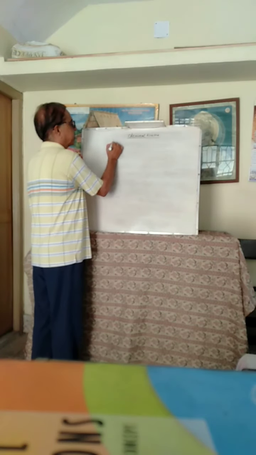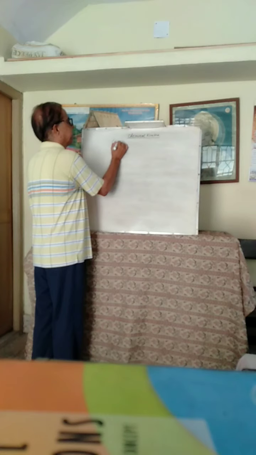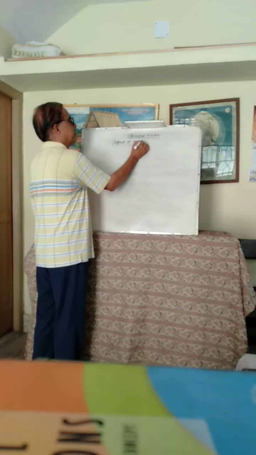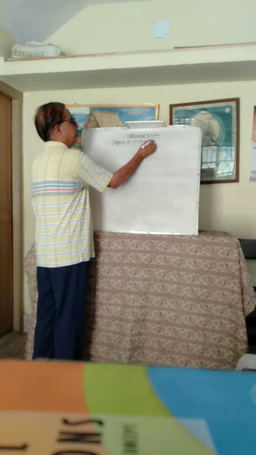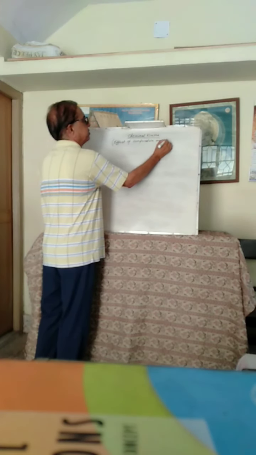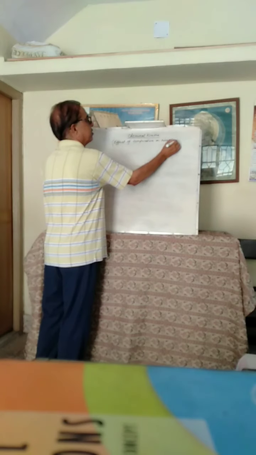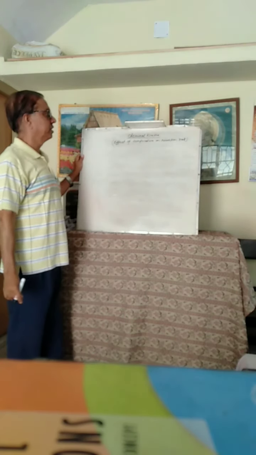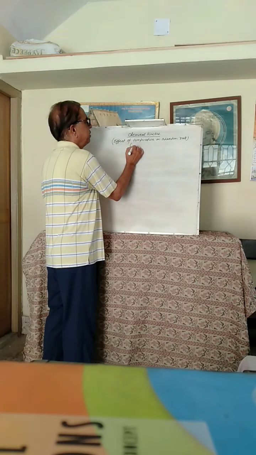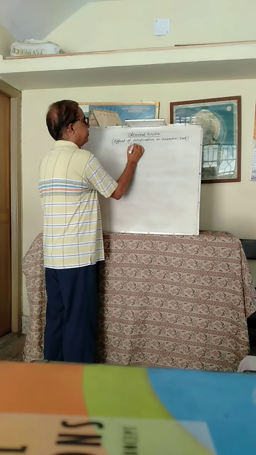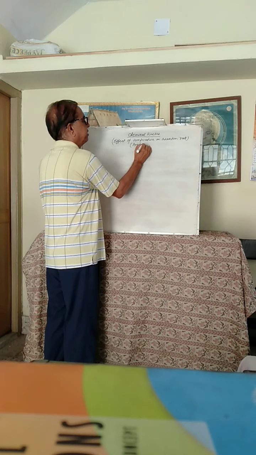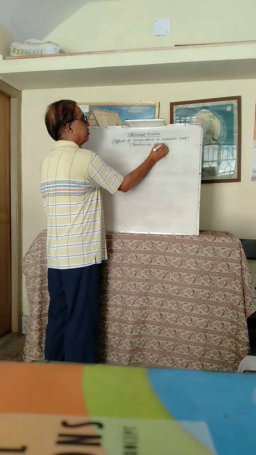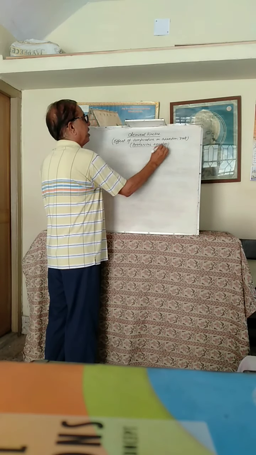Today we are going to study the effect of temperature on reaction rate, and on the basis of this discussion we will derive a very important equation which is known as the Arrhenius equation.